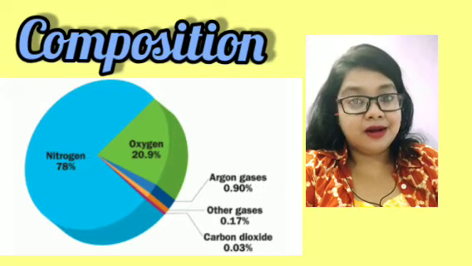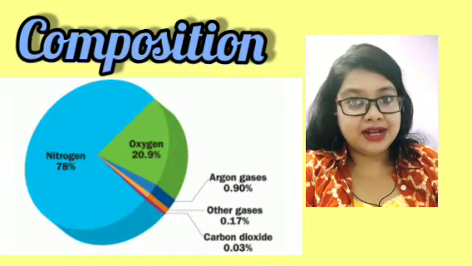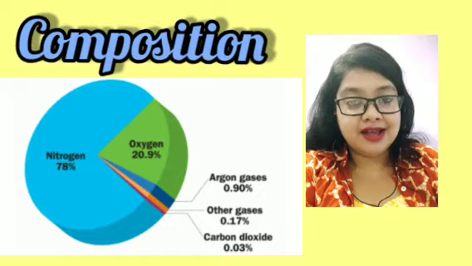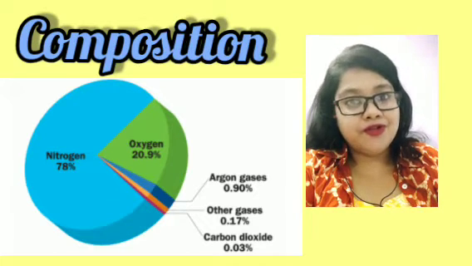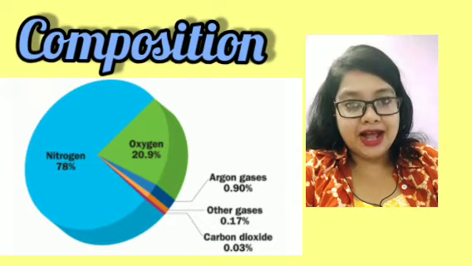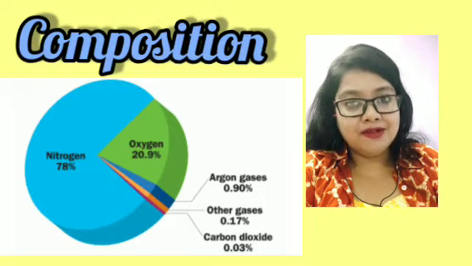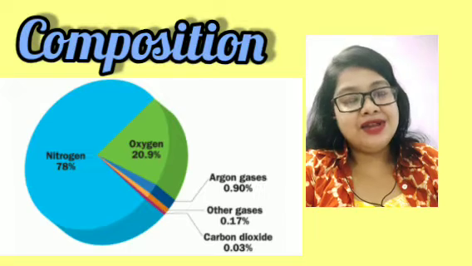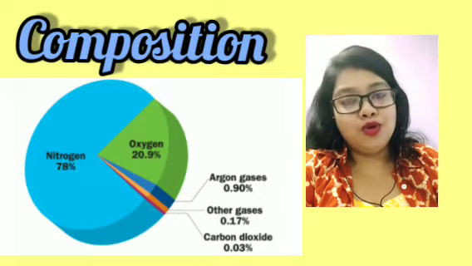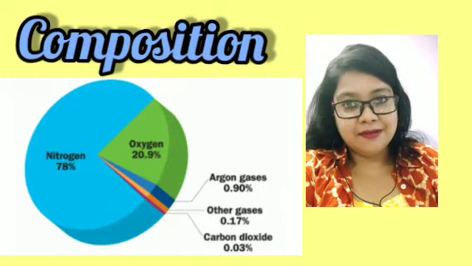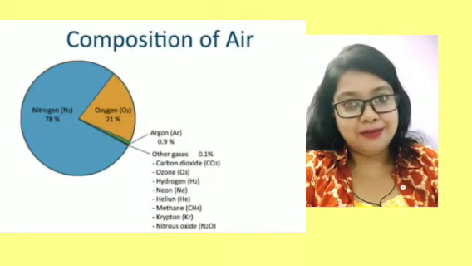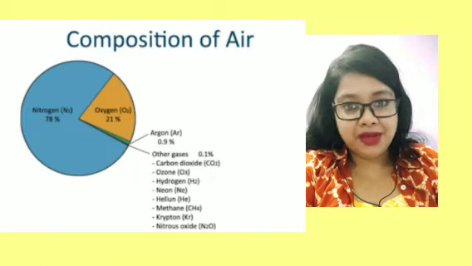The main constituent of the atmosphere, nitrogen, is required in large amounts not only by the plant community but also by human beings. Apart from nitrogen and oxygen, the atmosphere is made up of other gases such as carbon dioxide, helium, ozone, argon and hydrogen.